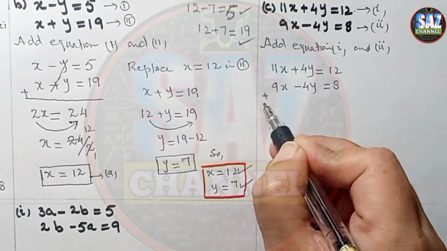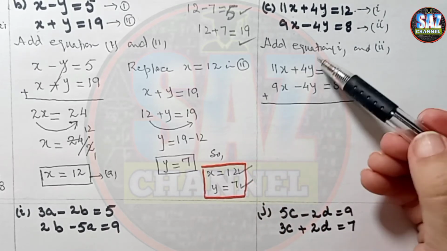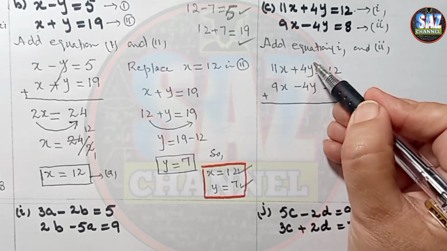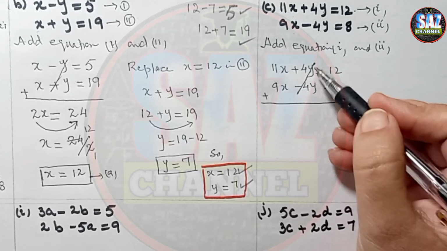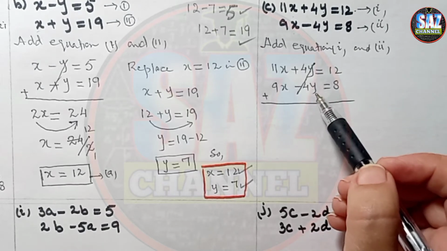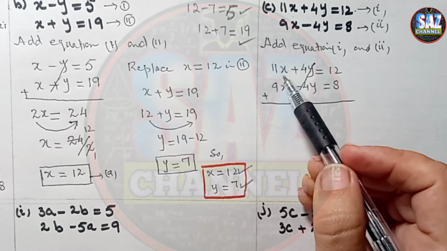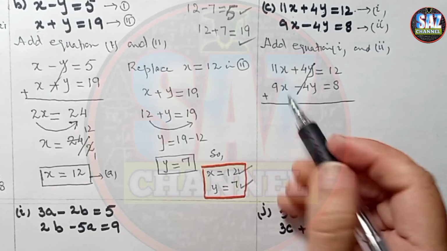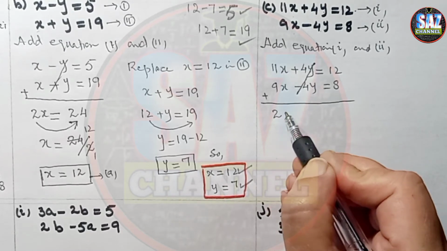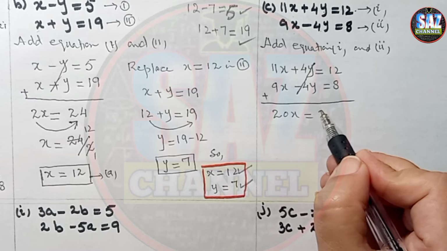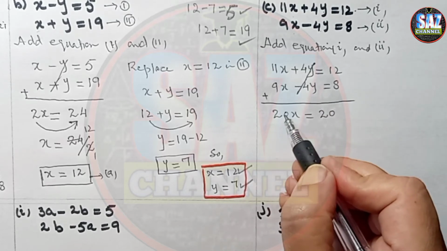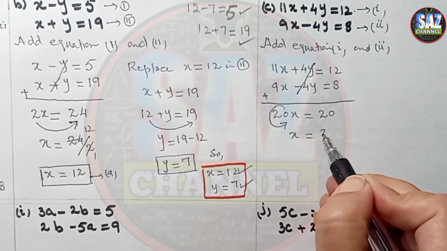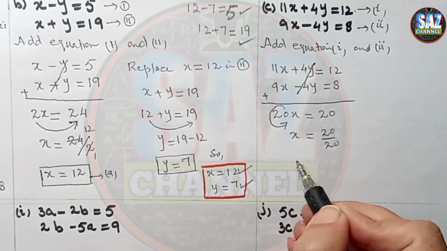So I have to put the plus sign here, and now as y has the same coefficient with opposite sign, I can cancel the y term here, and I'm getting rid of one of the variables, and now my equation has only one variable, that is x. Add up the coefficients. 11 plus 9 is 20. 20x equals 20. 12 plus 8 is 20. In order to get the value of x, I have to shift this 20 to the other side. x will be equal to 20 upon 20, which is equal to 1.